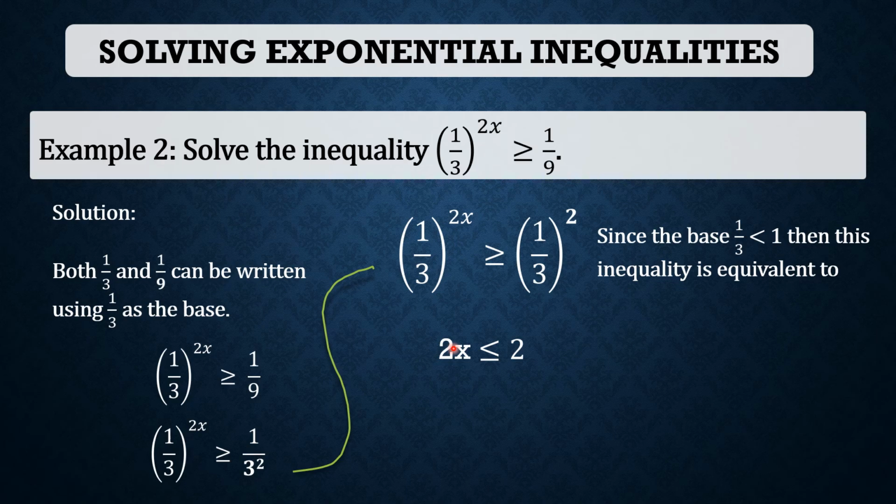But in this particular case lang, since meron tayong inequality, meron lang additional na condition. Again, if the base is greater than 1, the inequality symbol should be retained. But if the base is less than 1, then the inequality symbol should be reversed. And so we have 2x is less than or equal to 2. And by dividing both sides by positive 2, we get x is less than or equal to 1.